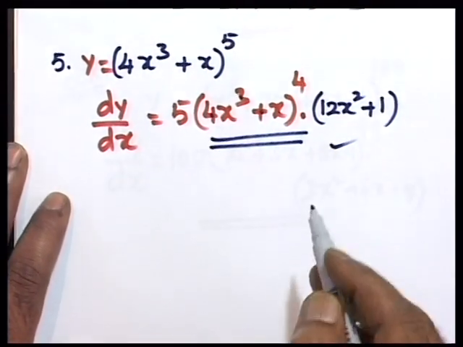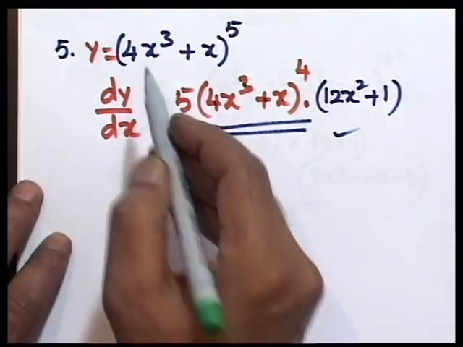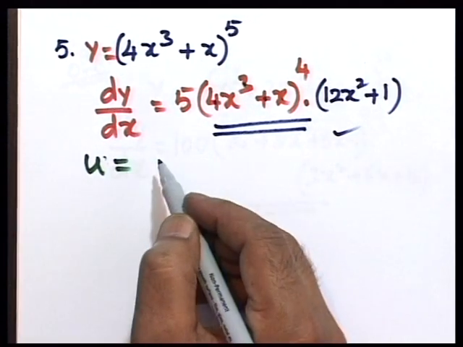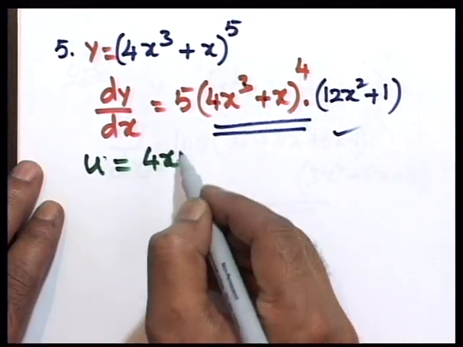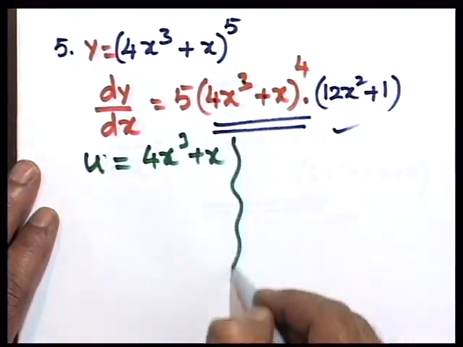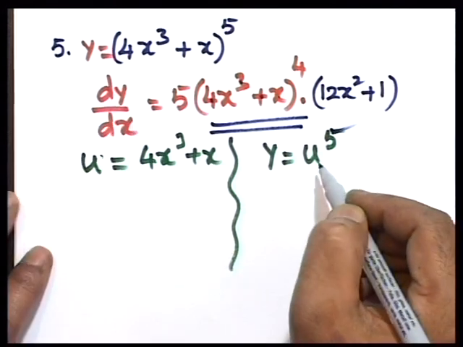So that's the shortcut. If you want to do the long one, you still can do by calling this u. So watch there. If you do u is equals to 4x cubed and plus x. That's all. Just call that bracket as u. So the question now becomes y is equals to u to the power 5. Watch.